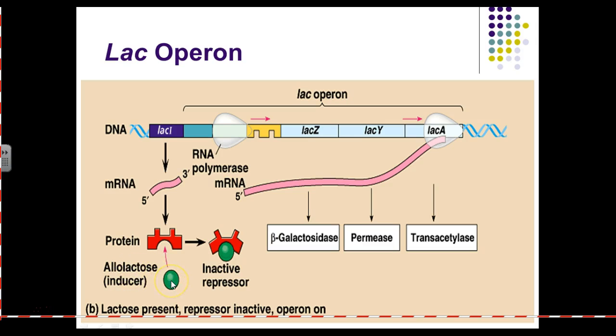So if there's lactose in the environment that needs to be broken down and digested, the lactose can attach to the repressor. Now watch what happens. When it attaches, what happens to the shape of the repressor? Boom, there's a shape change. The repressor has changed its shape, and now is that repressor going to be able to plug into the operator? No, you can see the little prongs are bent outward.